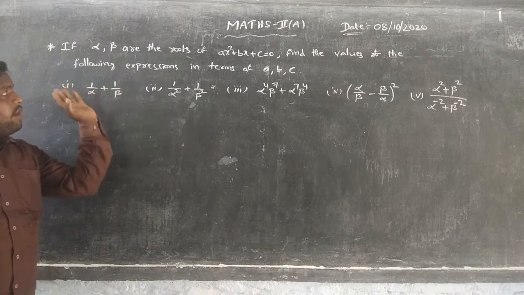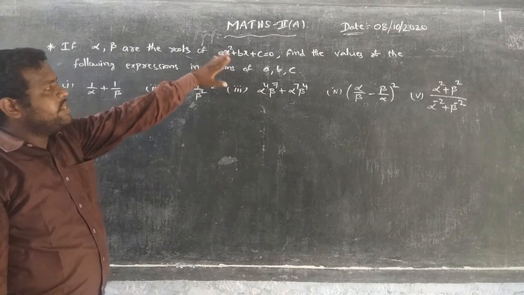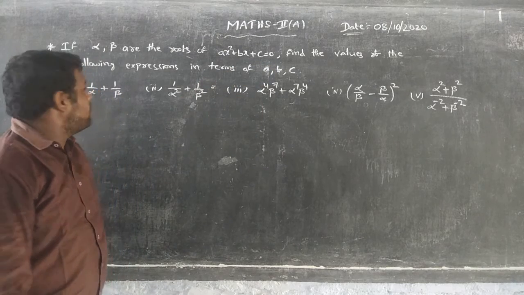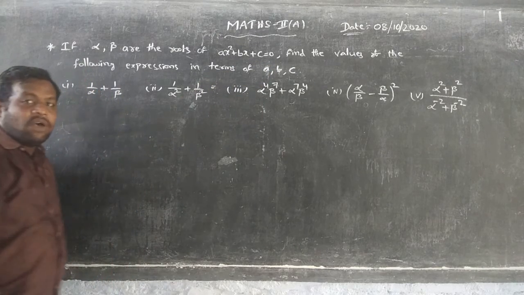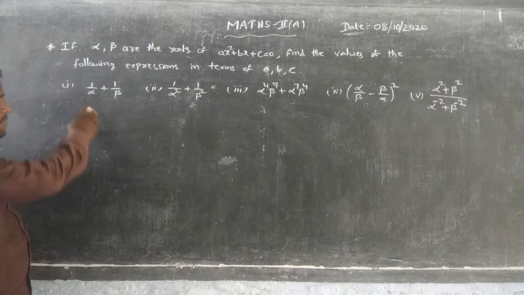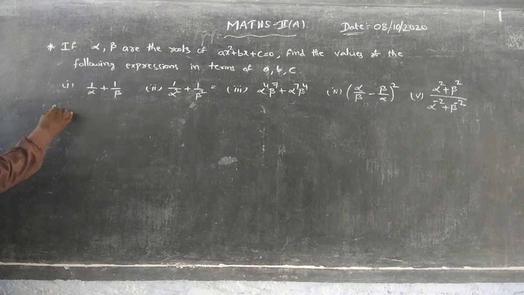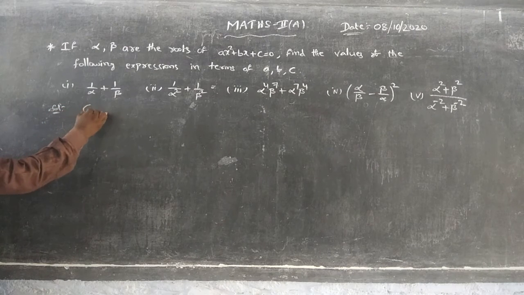Okay, if alpha, beta are the roots of the quadratic equation ax square plus bx plus c equals 0, then find the values of the following expressions in terms of a, b, c. What is the first expression? 1 by alpha plus 1 by beta. Okay, listen here. What is the given condition?